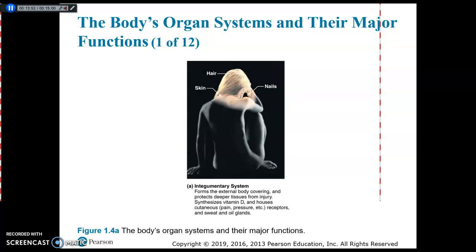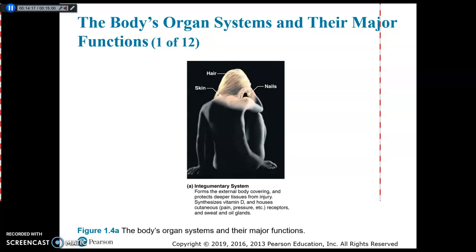So you need to know the integumentary system is referring to the skin, and some basic things like the integumentary system also includes the hair and the nails and some glands like sweat glands. And the basic function of the integumentary system is protection, right? So it forms the external body covering, protects deeper tissues from injury.